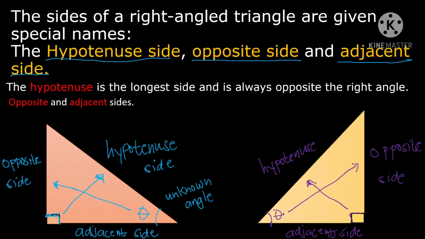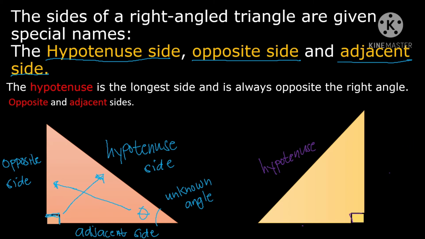Kapag nagpalit naman kayo ng reference angle, example, andito yung reference angle nyo sa taas. Yan, lipat natin yung theta dito. So, yung hypotenuse, same lang yan because this is the longest side of the right triangle. So, sample, andito yung reference angle nyo.